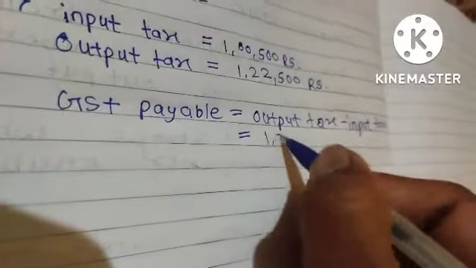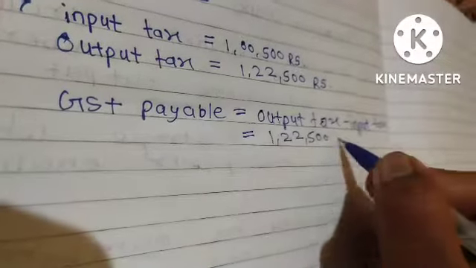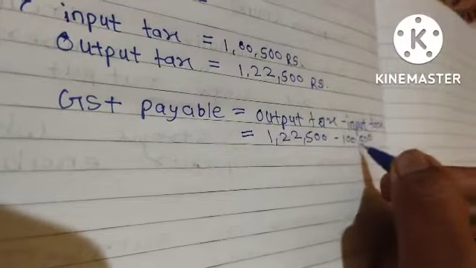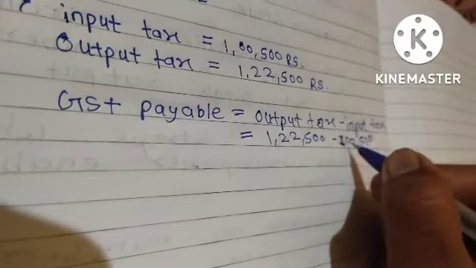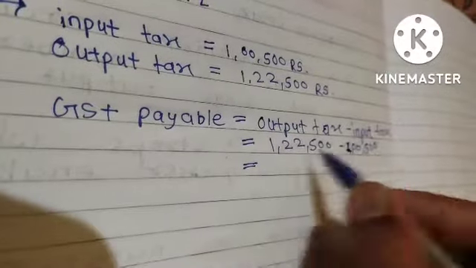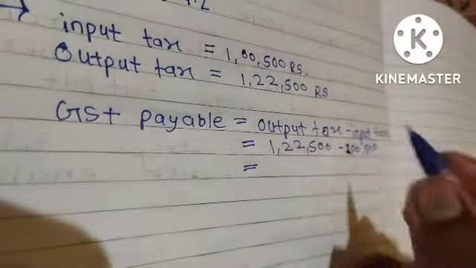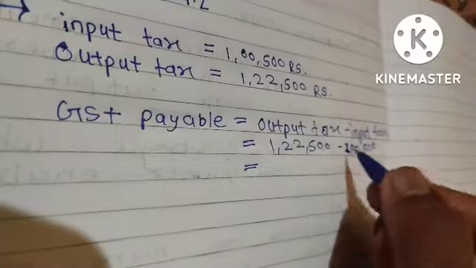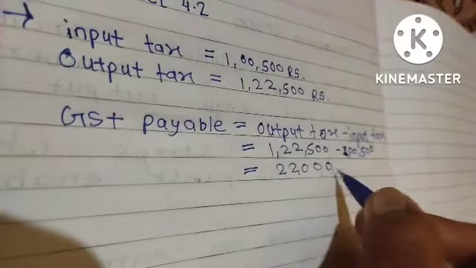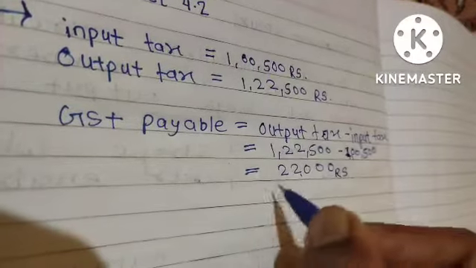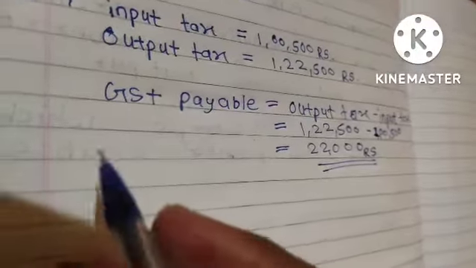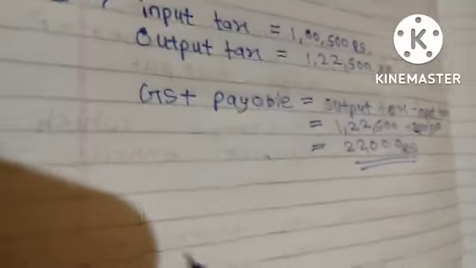Output tax is 1,22,500 minus 1,500,000, this is the input tax. So let's subtract it. When we subtract 1,22,500 from 1,500,000, the answer will be 22,000 rupees. So this will be the GST payable for Chetna Stores. Let's move on to the next question.